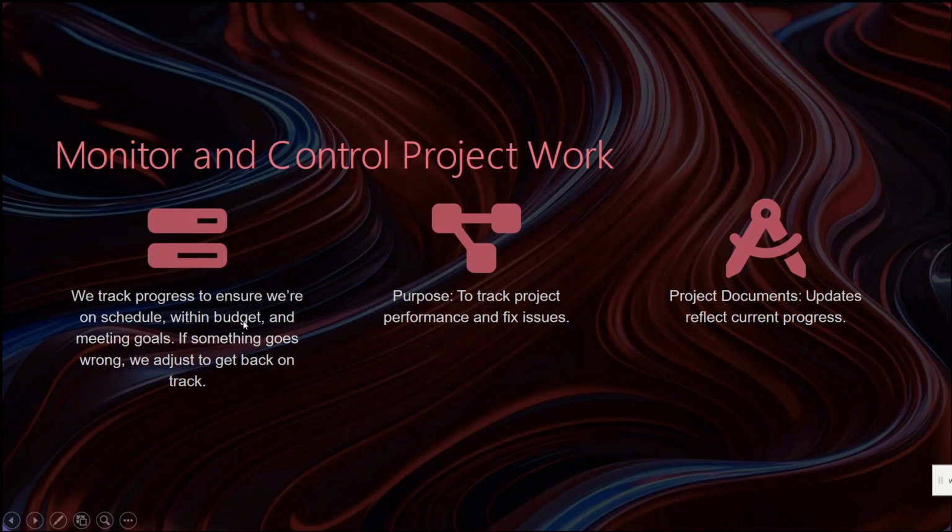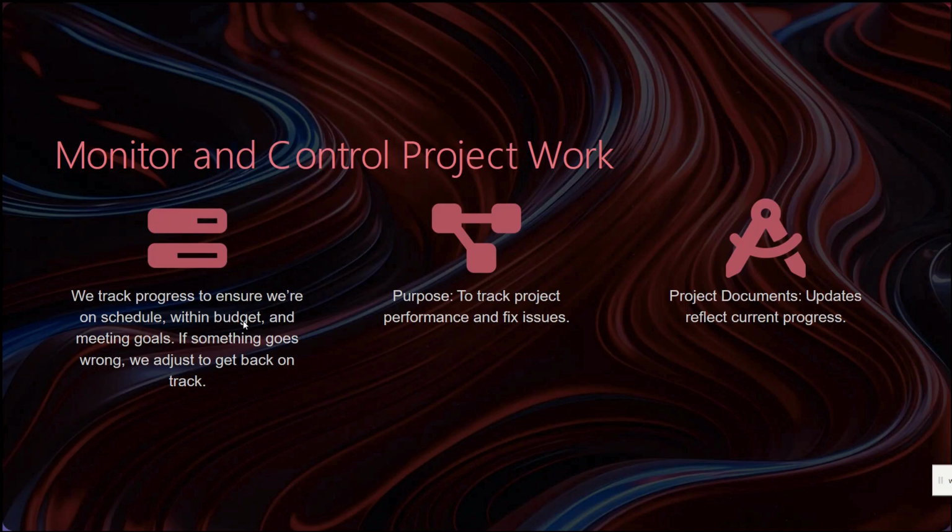Actually, this is where we check in regularly to see if the project is going as planned, just like checking the scoreboard during the game. So we track our progress to see if we are hitting deadlines, staying within the budget, and meeting our goals.